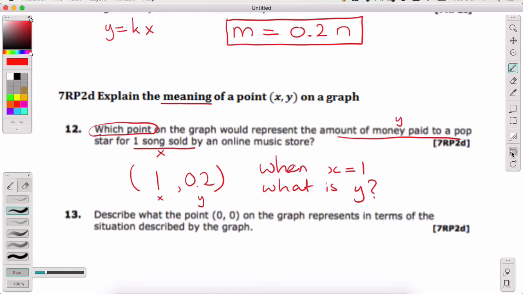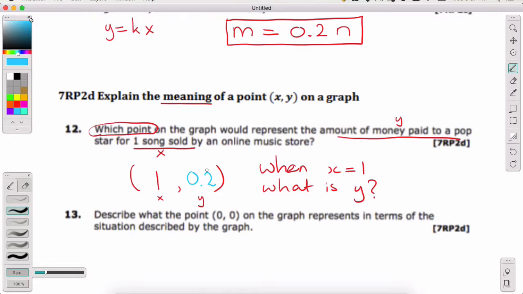Oh, let me make that a different color so you can see it more clearly. Y is 0.2, or 20 cents. So what that means, the question isn't asking what it means, but I'm going to tell you anyway, that when the number of songs sold is 1, the amount of money paid to the pop star is 0.2.